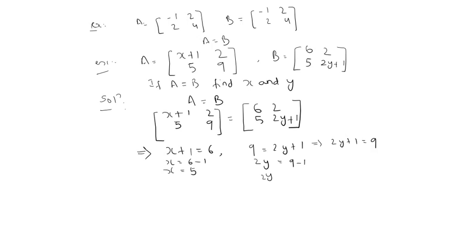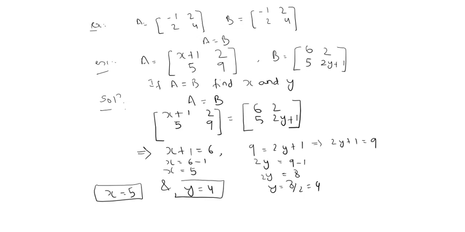So y equal to 8 by 2 equal to 4. So we have got the value of x equal to 5 and the value of y equal to 4. Hence we have obtained the values of x and y by the equality of matrices.